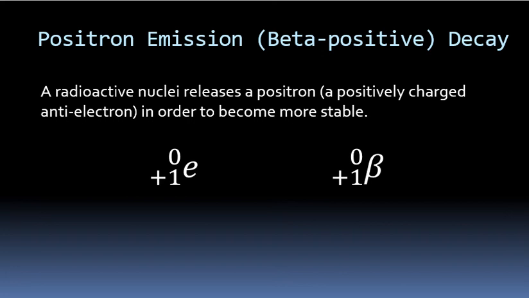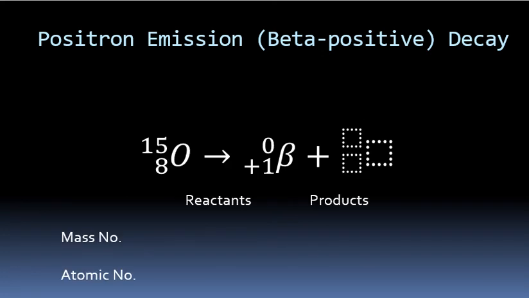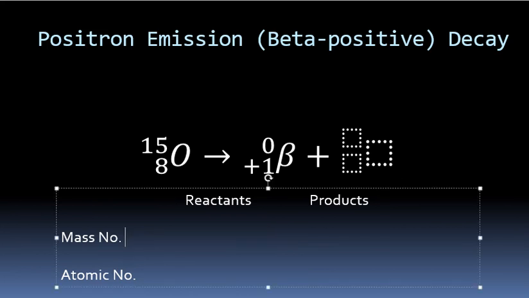And the way I'm going to represent this is simply with a beta that has a charge number of +1 instead of -1. Now, an example of beta emission where a positron was emitted, well, we can do it like so.